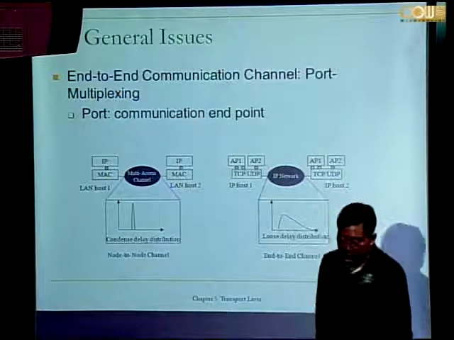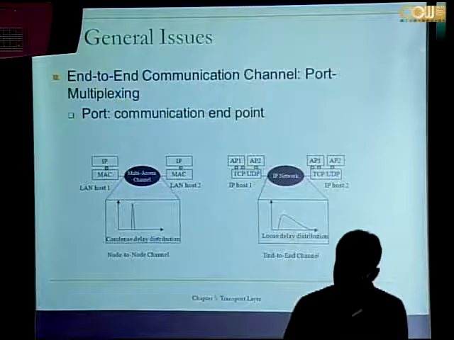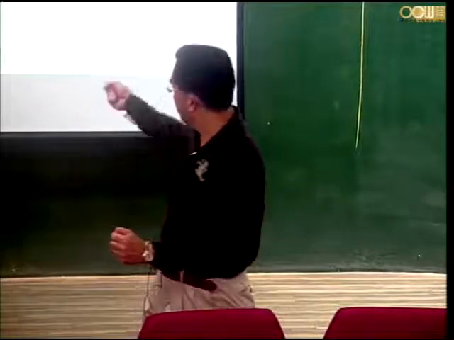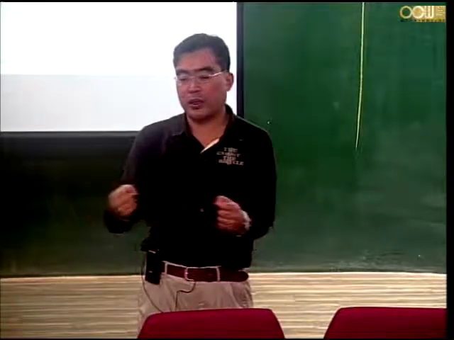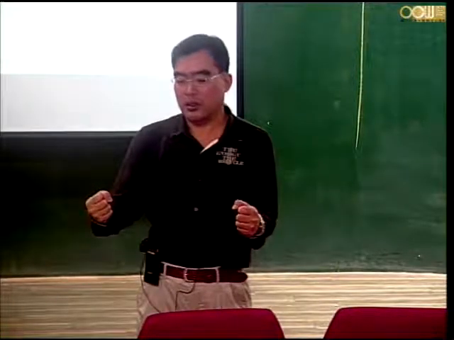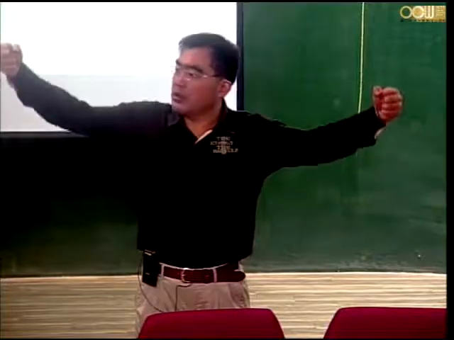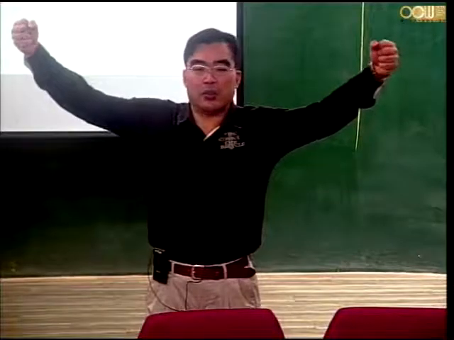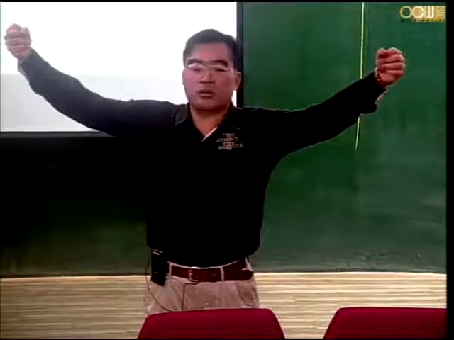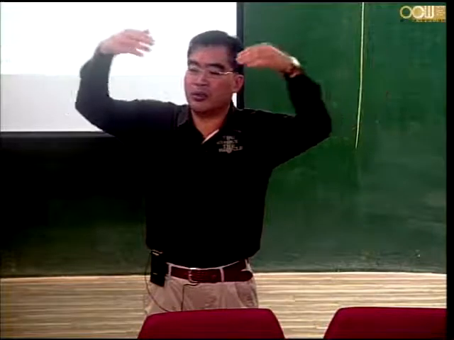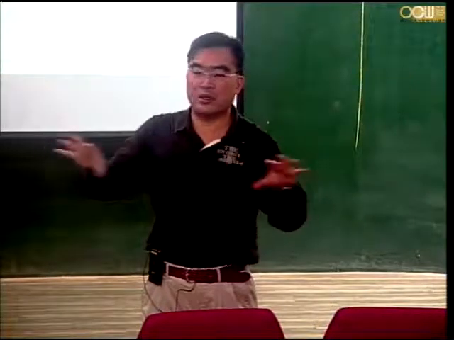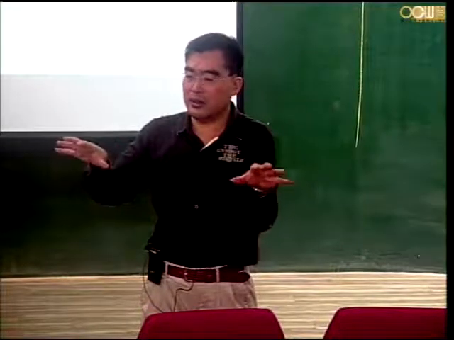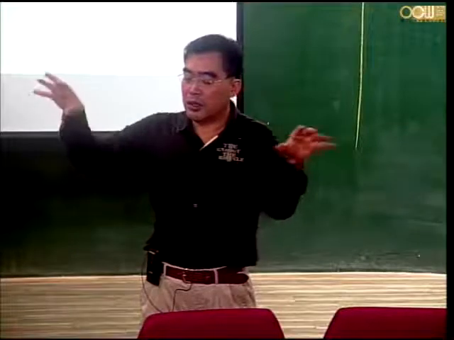So if two nodes are connected by just one link, what you see will be the left-hand side figure, and they are immediately connected. However, on the end host, at the transport layer, high up in the stack, when these two hosts talk to each other, they don't see the things underlying the network.